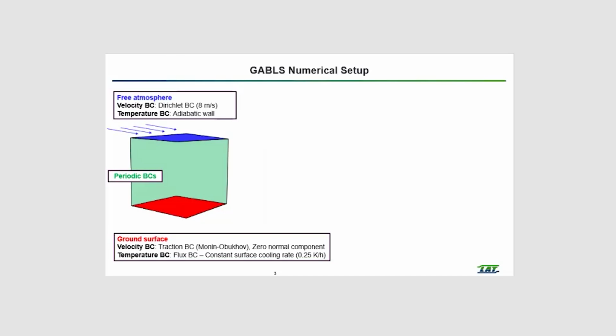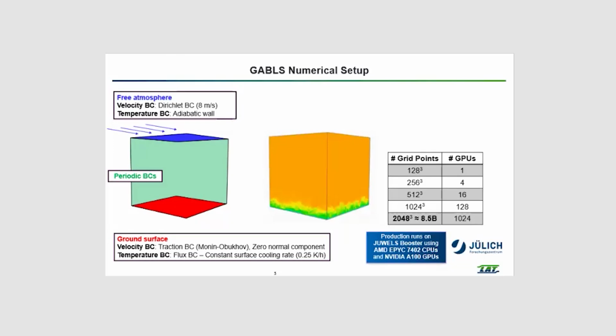And the flux boundary condition for the temperature with a constant surface cooling rate of 0.25 kelvins per hour, which means that the ground is constantly getting cooler and cooler. And for the top boundary, we have a Dirichlet boundary condition to match with the geostrophic wind of 8 meters per second and an adiabatic wall for the temperature.